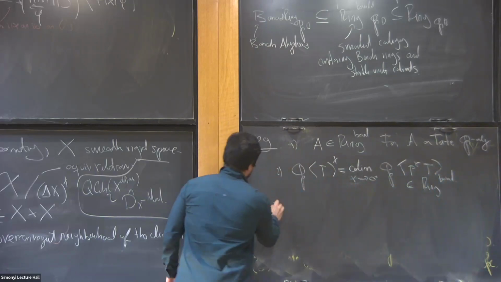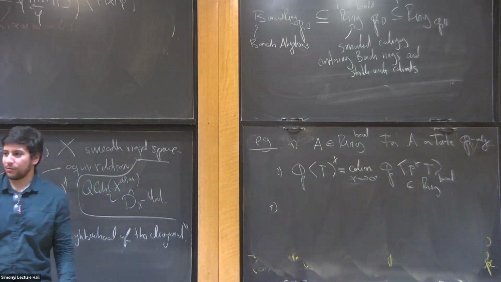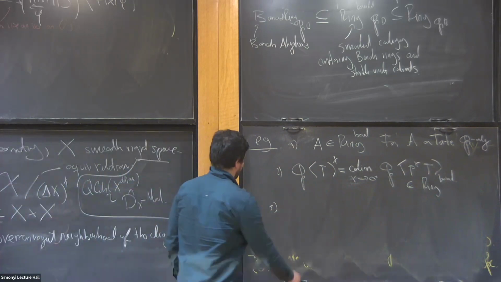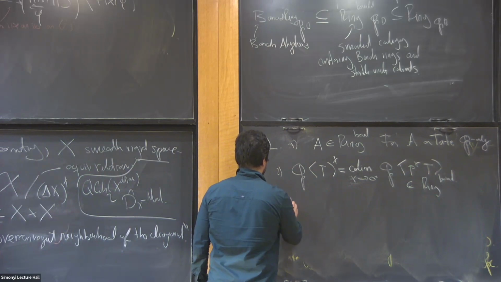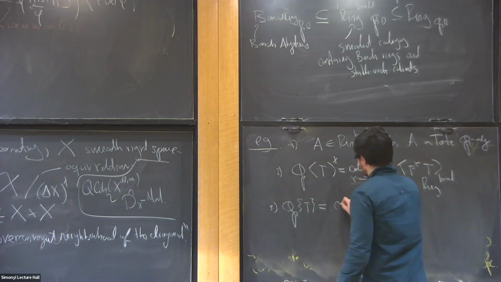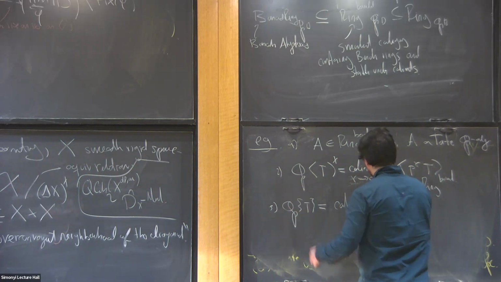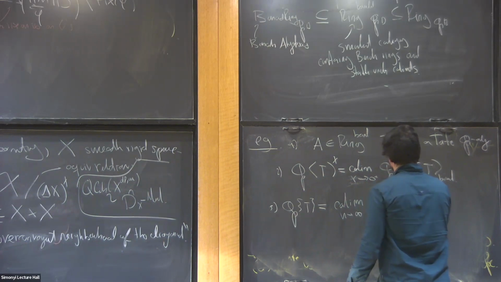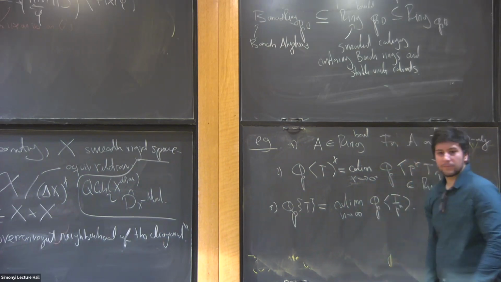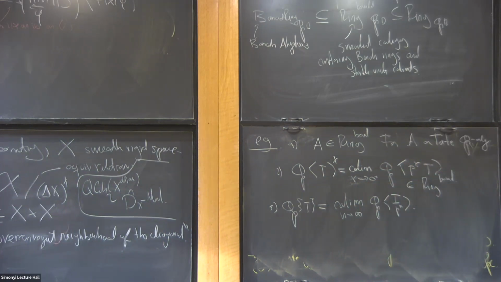Another one that also sits in this category is an important algebra, let me call it Q_p with some kind of fancy brackets, which is just the functions that overconverge at one point. These two give you non-trivial examples of things that are colimits of Banach rings, which are not necessarily Banach rings.